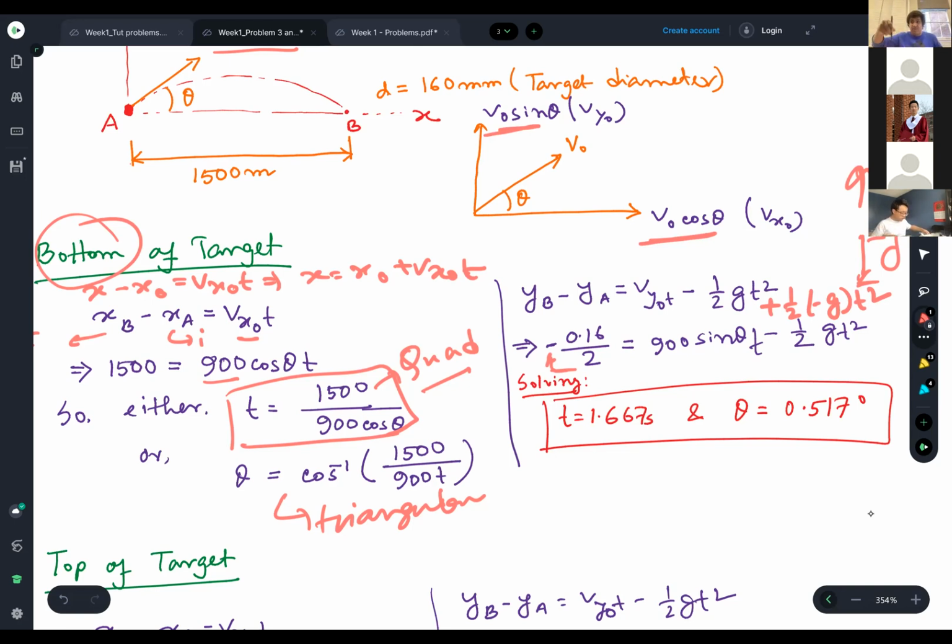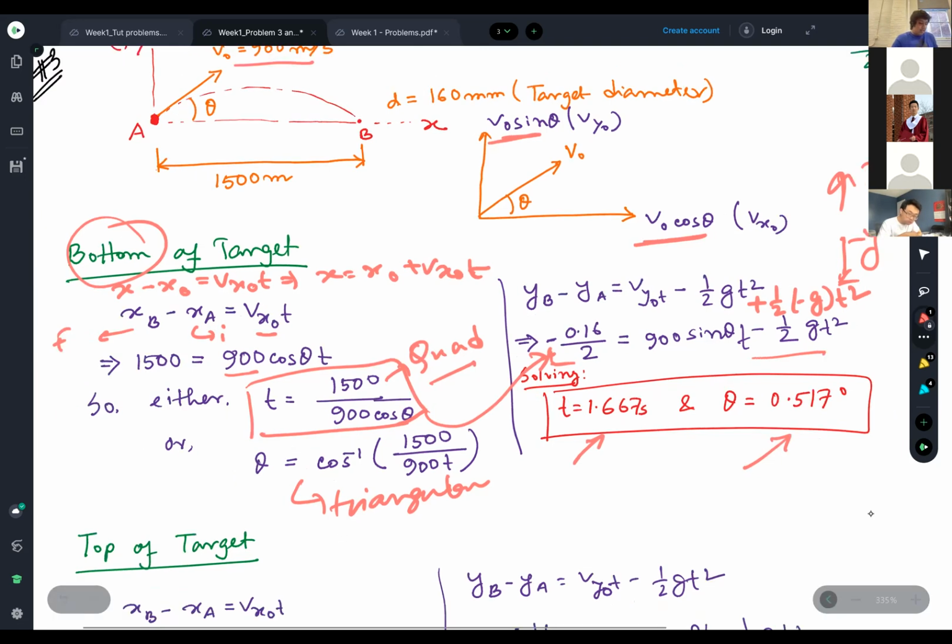Since gravity is acting downwards and we took our y-axis positive as upward, it's just minus half g t squared, okay? So now if you substitute the value of t here, you will find your time as 1.66 seconds and theta as 0.517 degrees, okay?